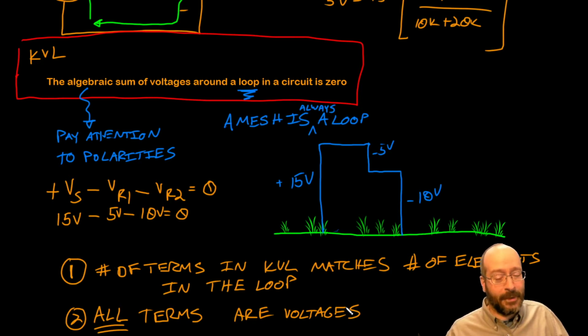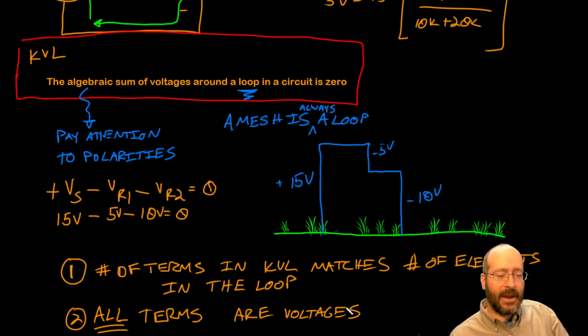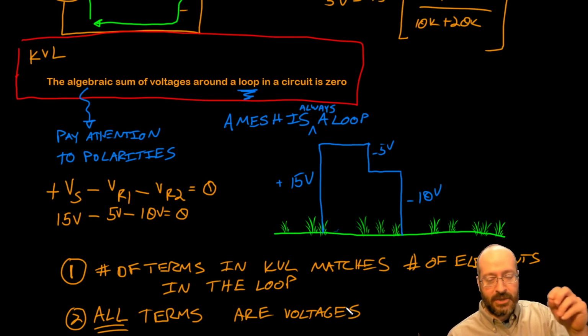I'm sorry to say it, but check to see that all of your terms are voltages. Right now it seems simple when I say that, but as we start writing things symbolically, and writing KVLs that might involve currents and resistances, currents and impedances, you have to go through term by term and make sure the units work out so that every term is ultimately a voltage.